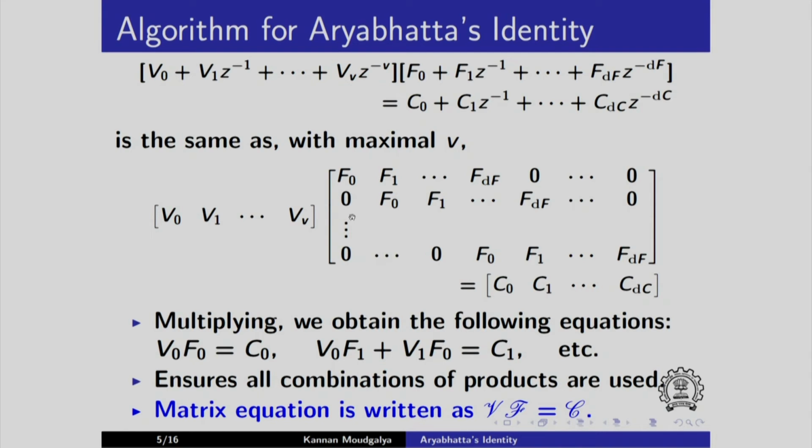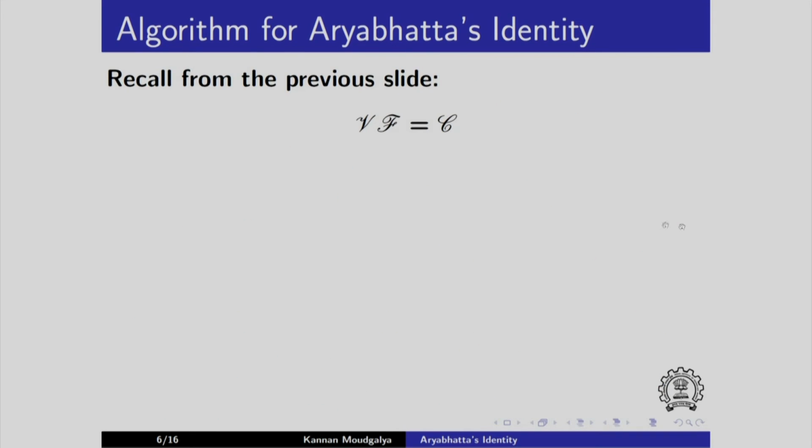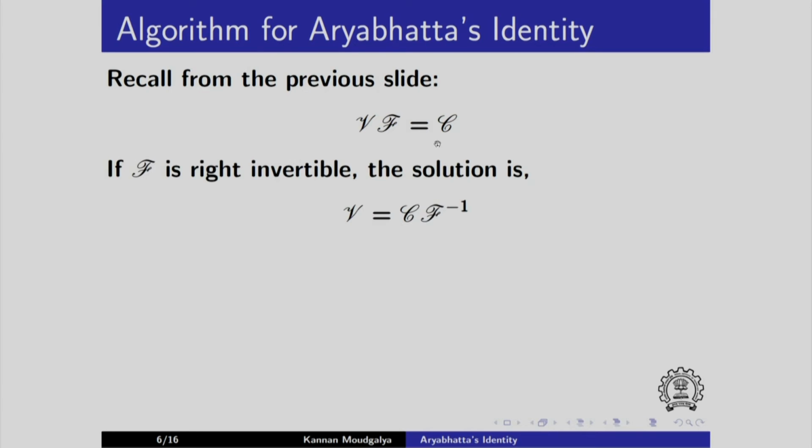We can write this matrix equation as script v into script f equals script c. It is nothing but a short form of this matrix equation. So, we have Vf equals C. If f is right invertible, the solution is given by this equation.